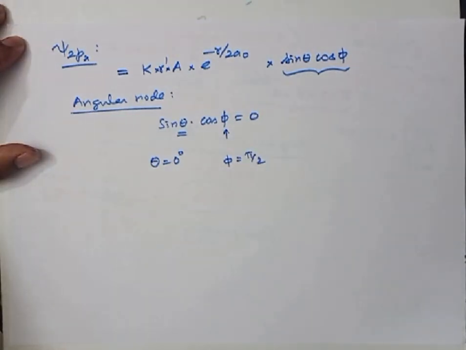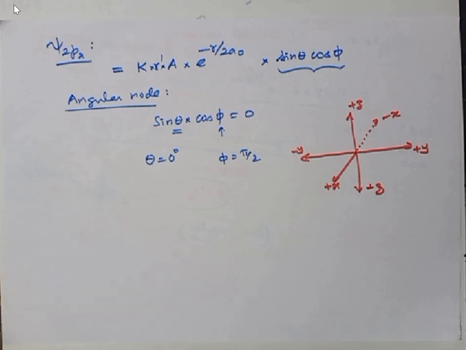Is this clear? Theta 0 means, listen, if the point is present on the plus z axis, then theta is 0.